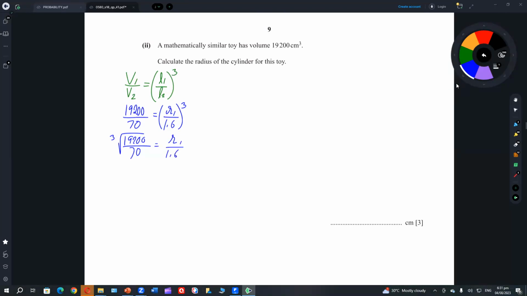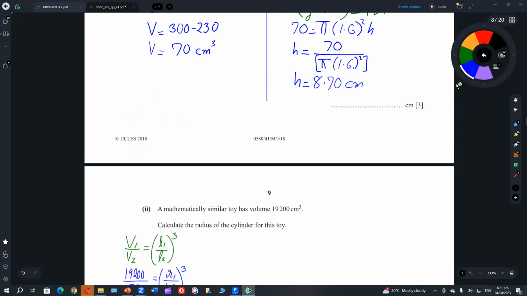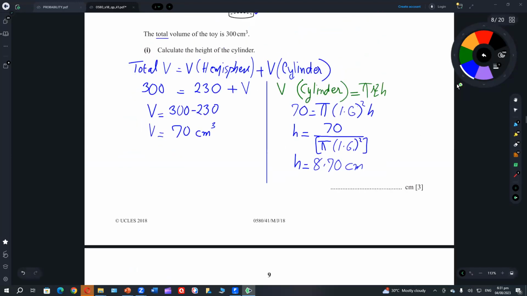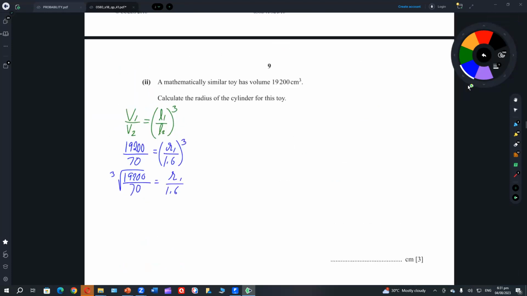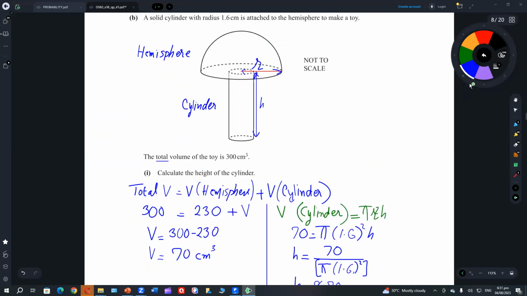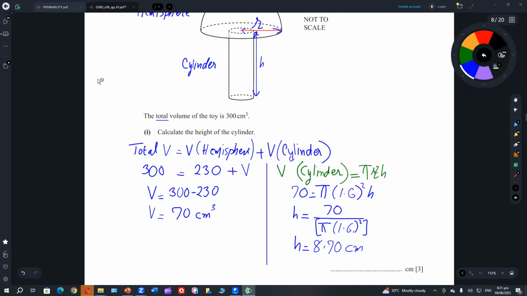This is the calculation step. Sir, but how do you know to put 70 there? Look at this step. 70 goes with 1.6.